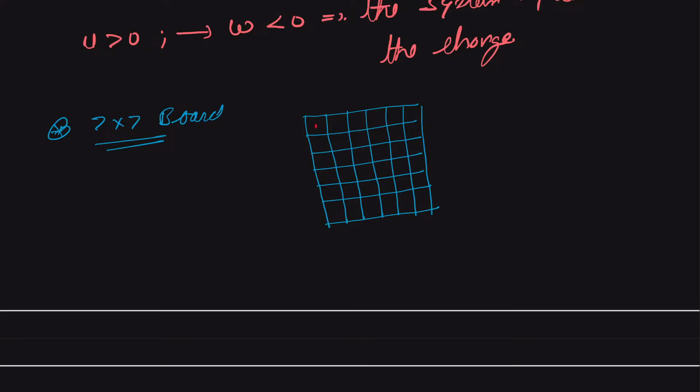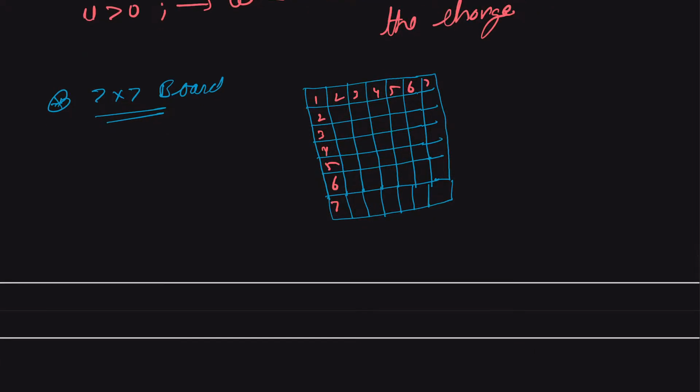So this is our 1, 2, 3, 4, 5, 6 and 7. This is 1, 2, 3, 4, 5, 6 and this is 7. So this is 7 by 7, and from the center of this we have to remove the charge. Okay, so this will be our center part. From there we are going to remove the charge.